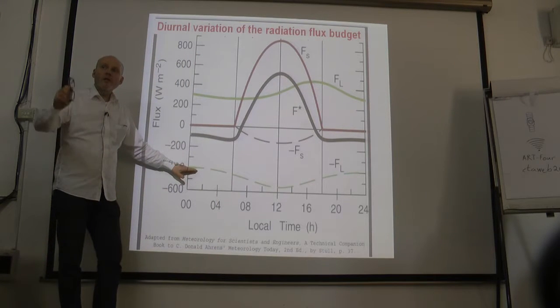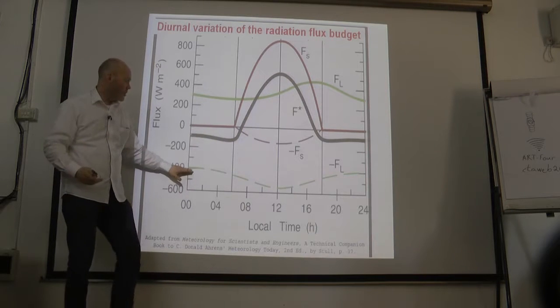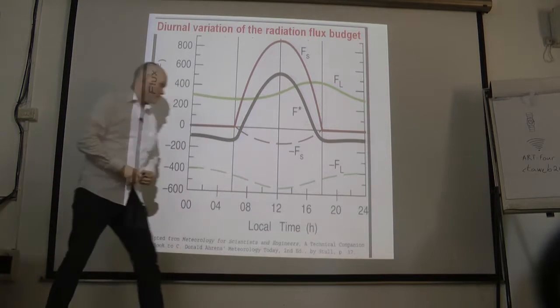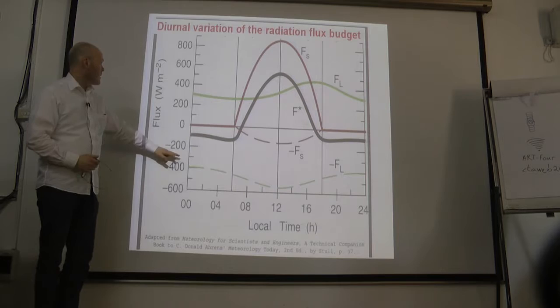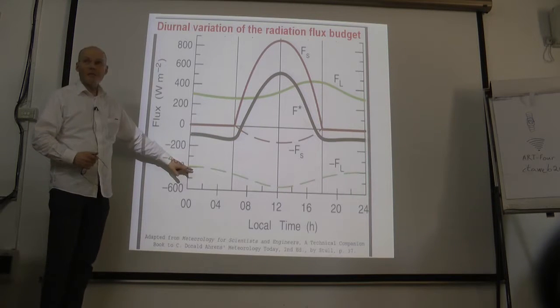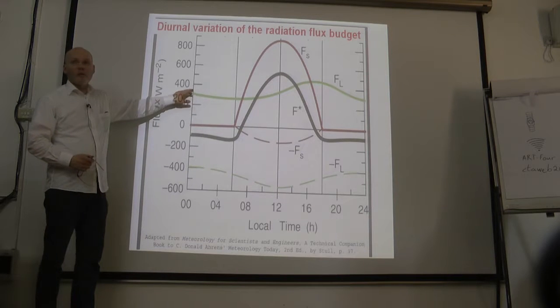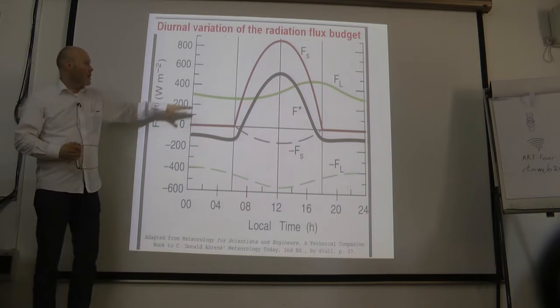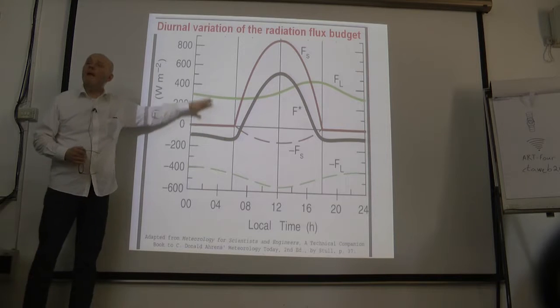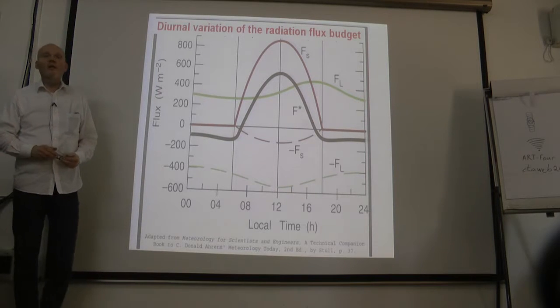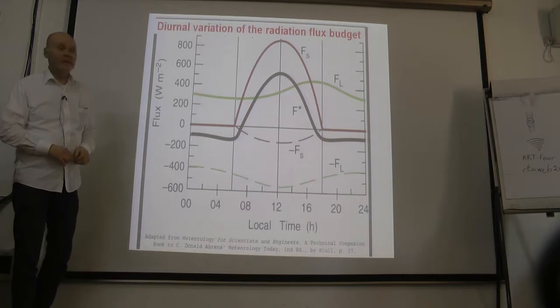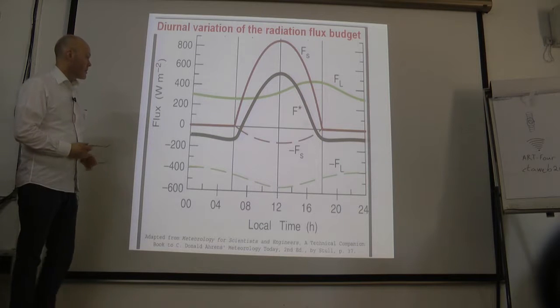The upward going long wave radiation is shown here, and in this case, as in most cases, it is substantially greater than the downward component. The position of these curves depends, of course, a lot on where you are on the surface.